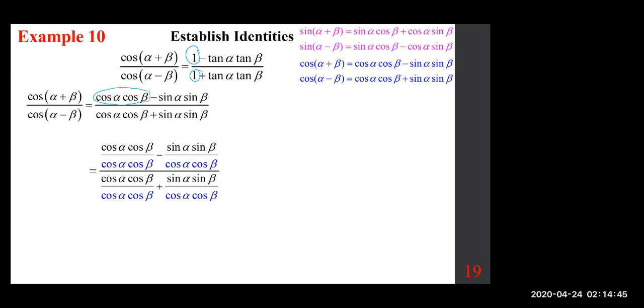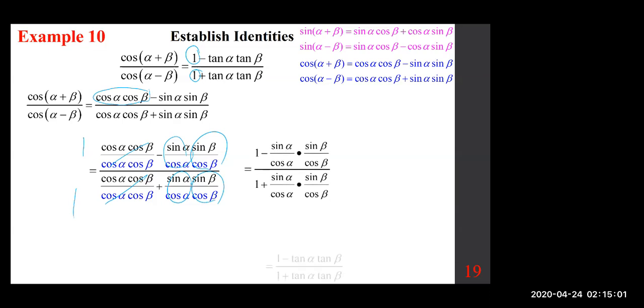As you can see, this is 1, this is 1. Then what do you have? Sine over cosine, sine over cosine, sine over cosine, sine over cosine. All of them are tangent, class. Do we see that, everybody? Are there any questions?